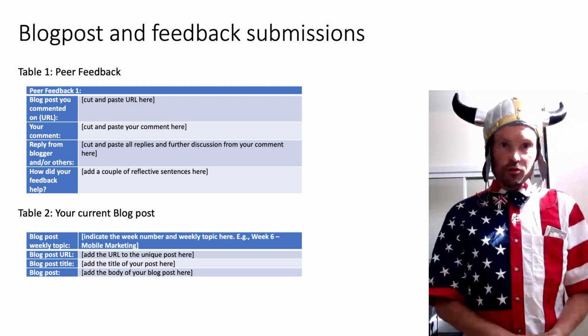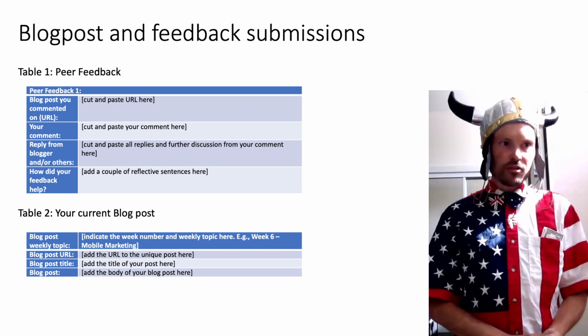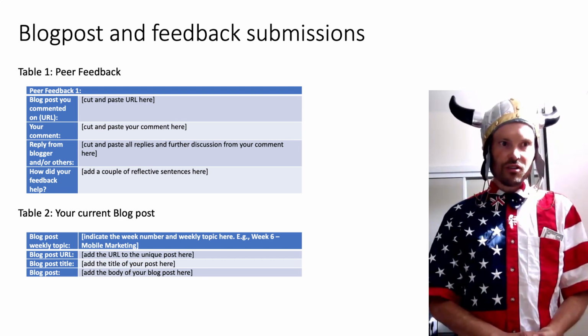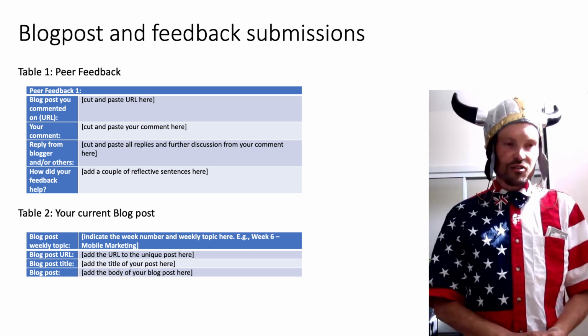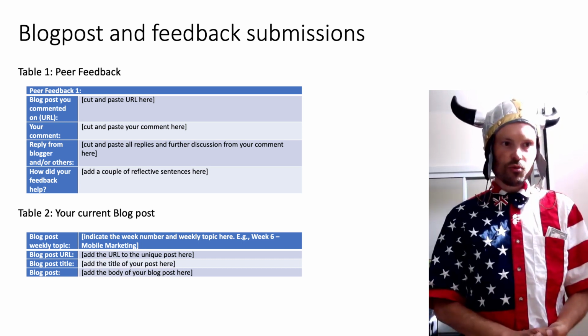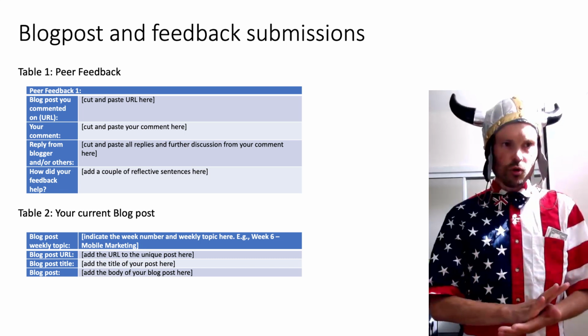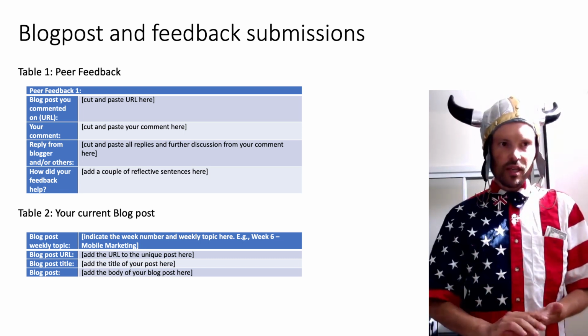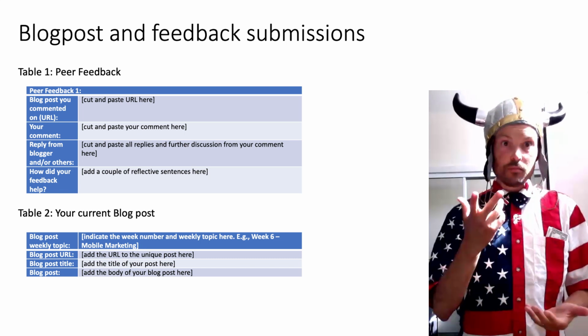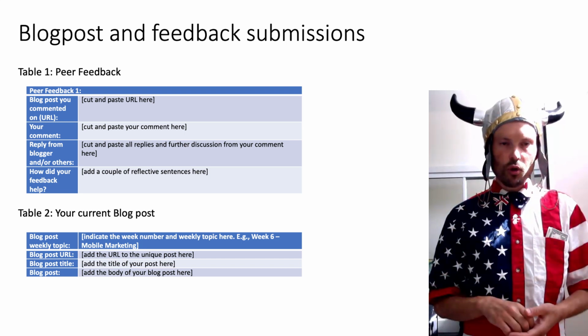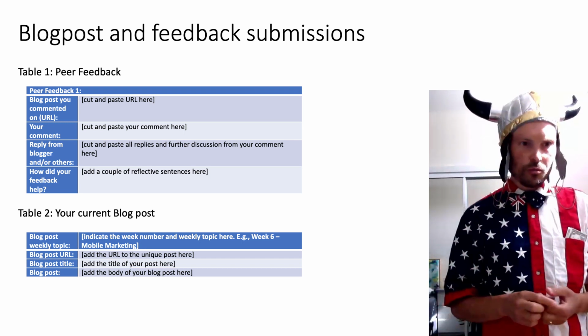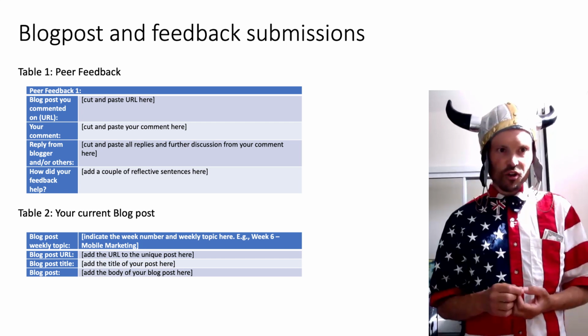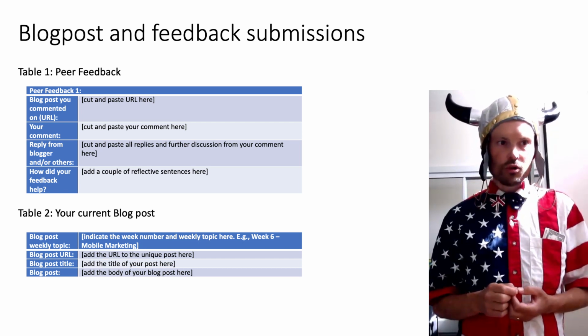The blog post and feedback submission template has 2 basic tables on it. First, table 1 is the feedback table. It asks: what's the URL of the blog of your fellow student that you provided feedback or a comment to?